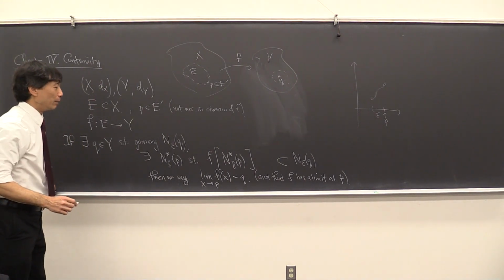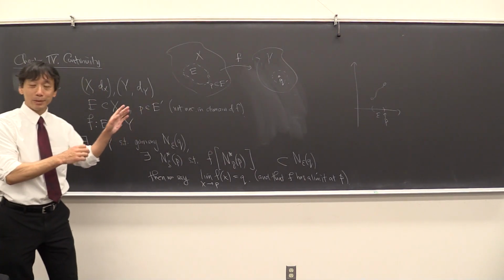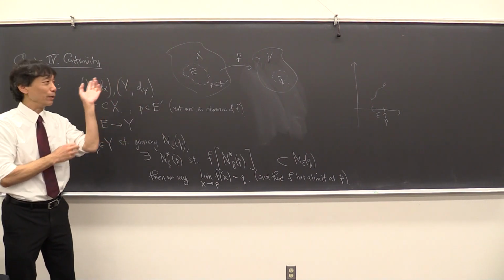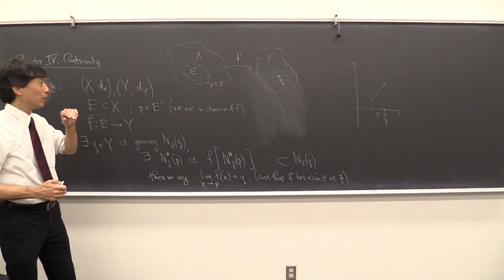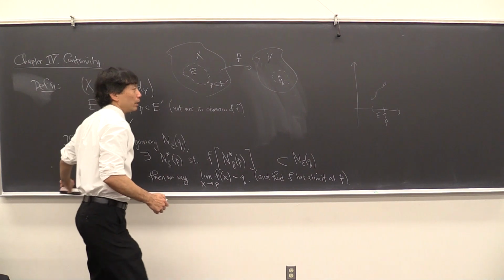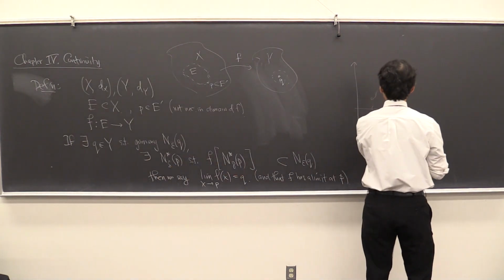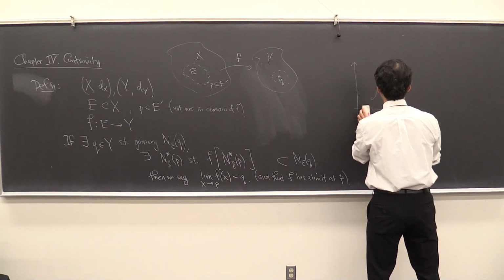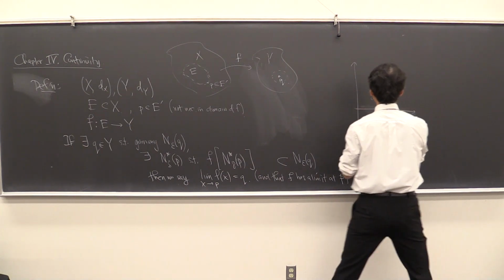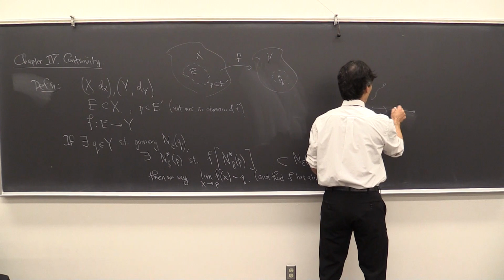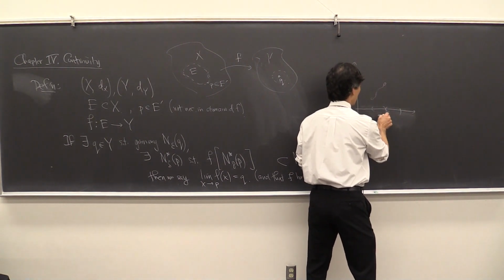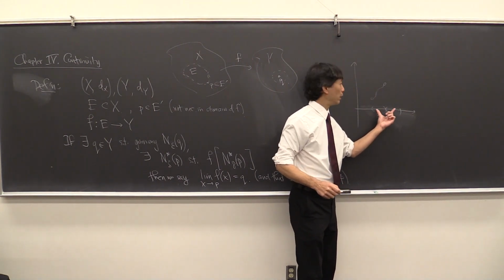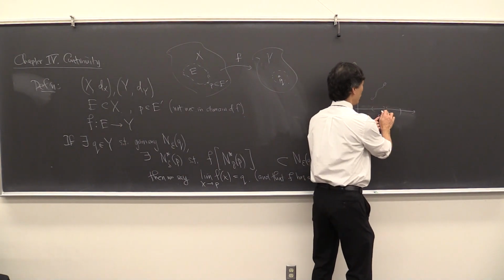Okay, I know that's a lot of things to think about. Maybe let me draw the picture in the calculus way. Suppose that our set E is this open interval here with a hole in the middle.